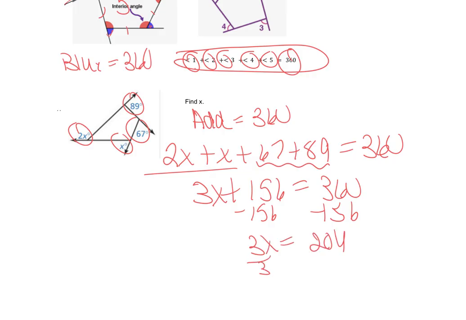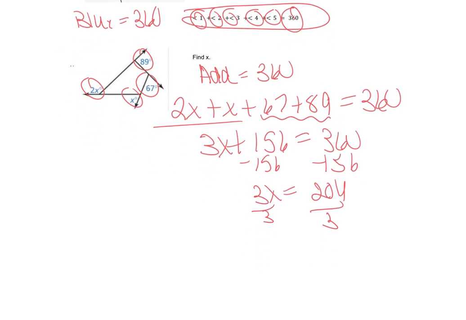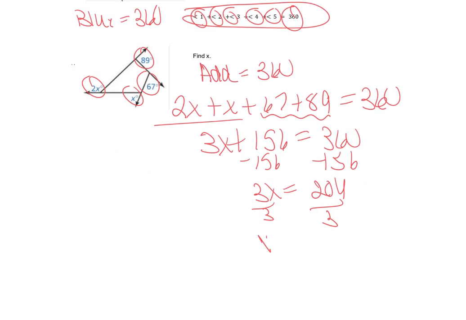And then if we divide by 3, we would get that x equals 68 degrees. So again, all I did was add all of those outside angles up, and they will always add to 360. So that means this angle out here is 68 degrees. This guy over here is 2x, which would be 68 times 2, which would be 136 degrees. And if you added all of them up, they would add up to 360 degrees.